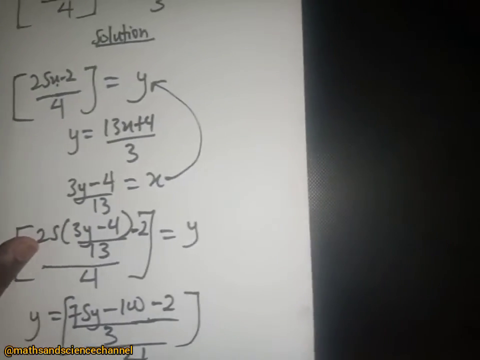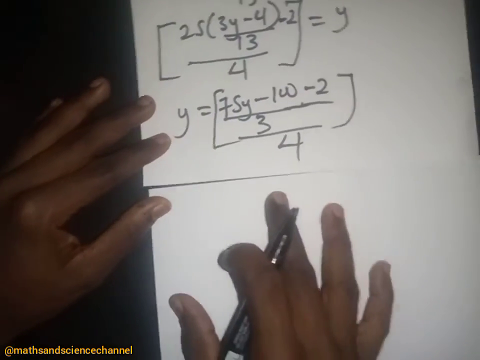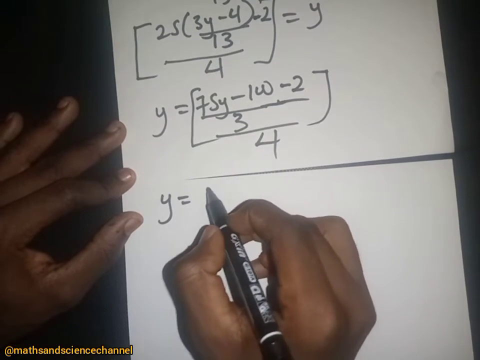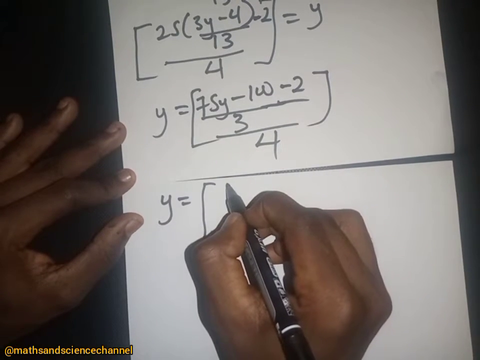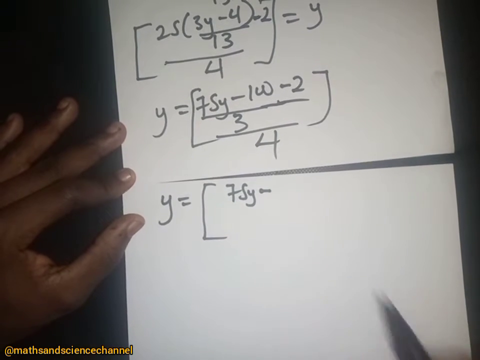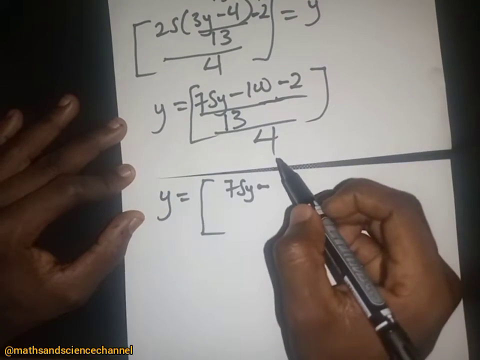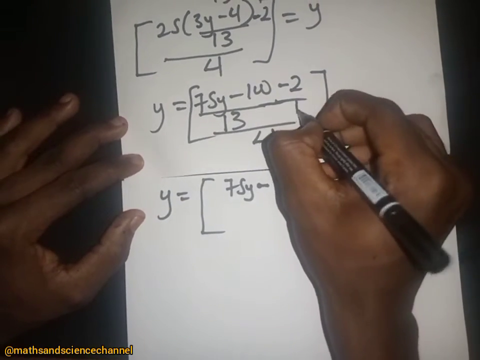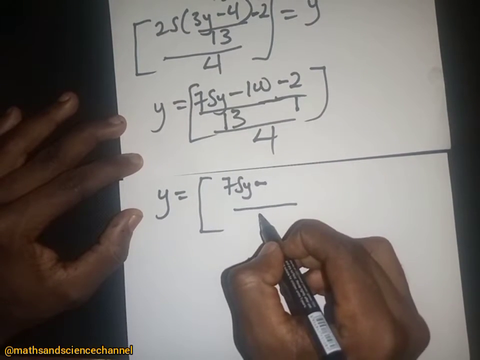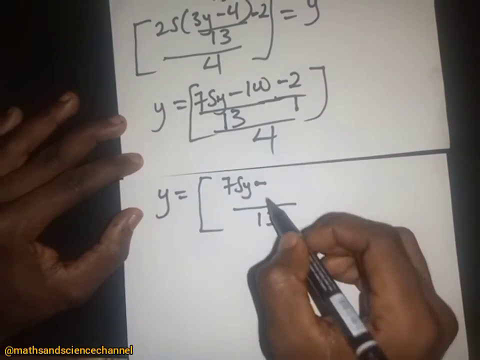So let's continue here. y is equal to 75y minus, remember it's 13, so this is just divided by 13. 13 goes into that one, multiplied by that, we have that.